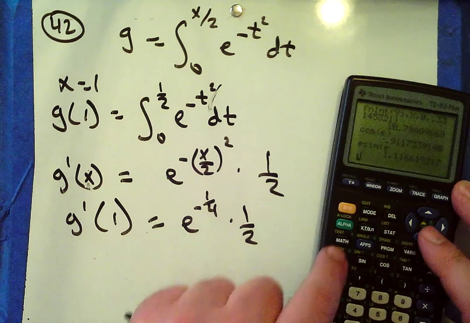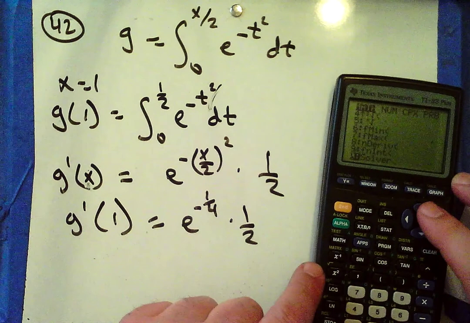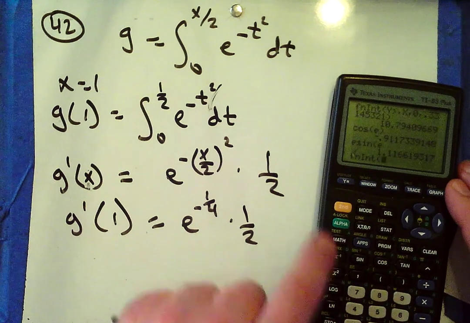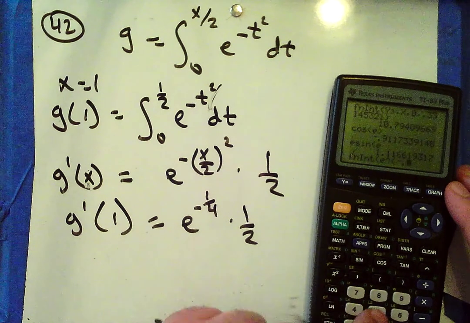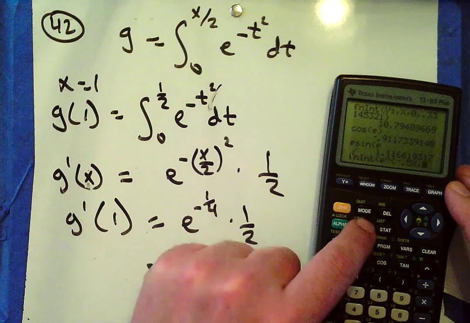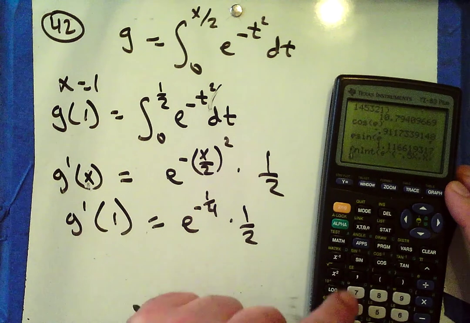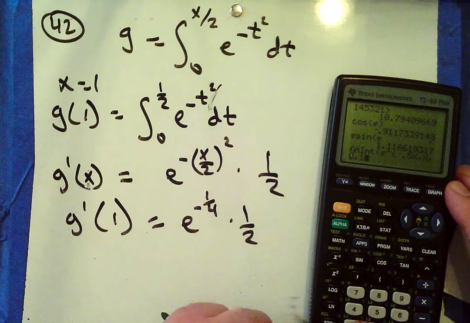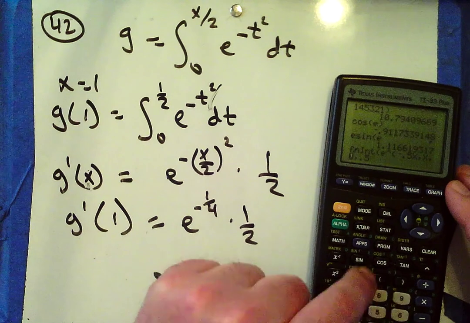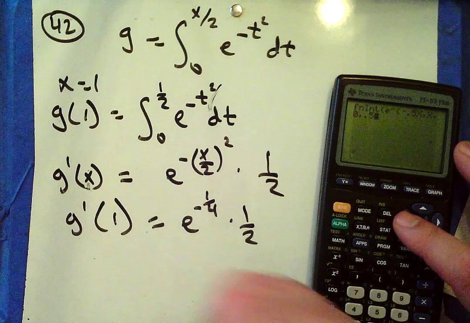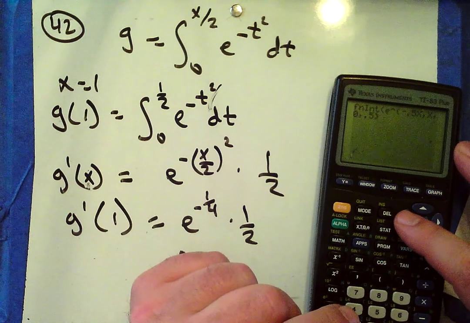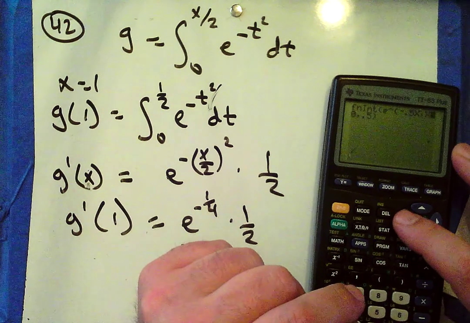I need the integral of e to the minus 0.5x, comma x, comma 0, comma 0.5. Oh, I didn't close that parenthesis.